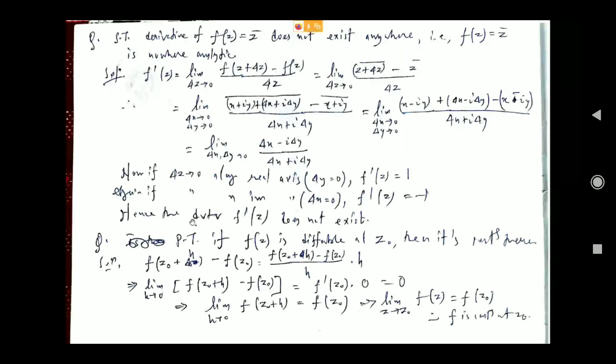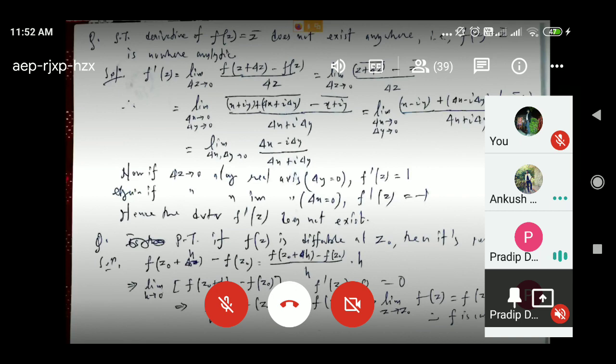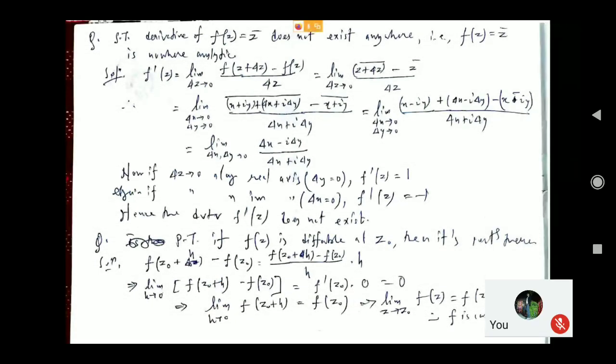Now again, if you approach 0 along the imaginary axis, then what will be the real component? Ankush. Yes, sir. When we approach 0 along the imaginary axis, which component will be 0?